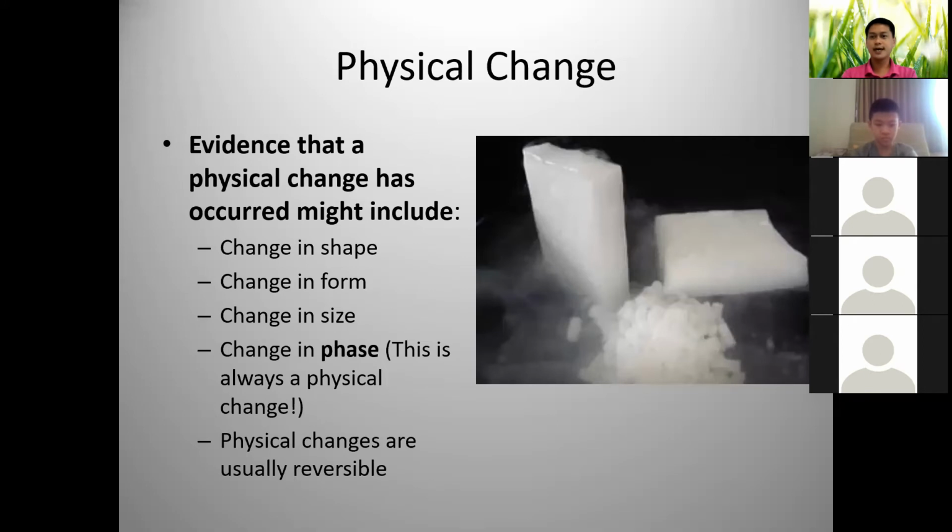So we cut the wood. We change the shape, but it is still wood. It doesn't change. A change in form is when ice changes its state or form from solid ice to liquid water. Next, change in size. Change in size, but still the same ice.